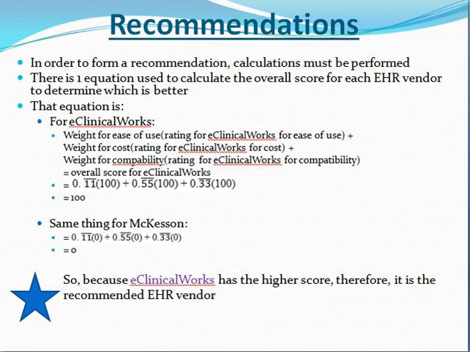So it would be 0.11 times 0, plus 0.55 times 0, plus 0.33 times 0, which gives McKesson an overall score of 0. So because eClinicalWorks has the higher score, it is the recommended EHR vendor to select.